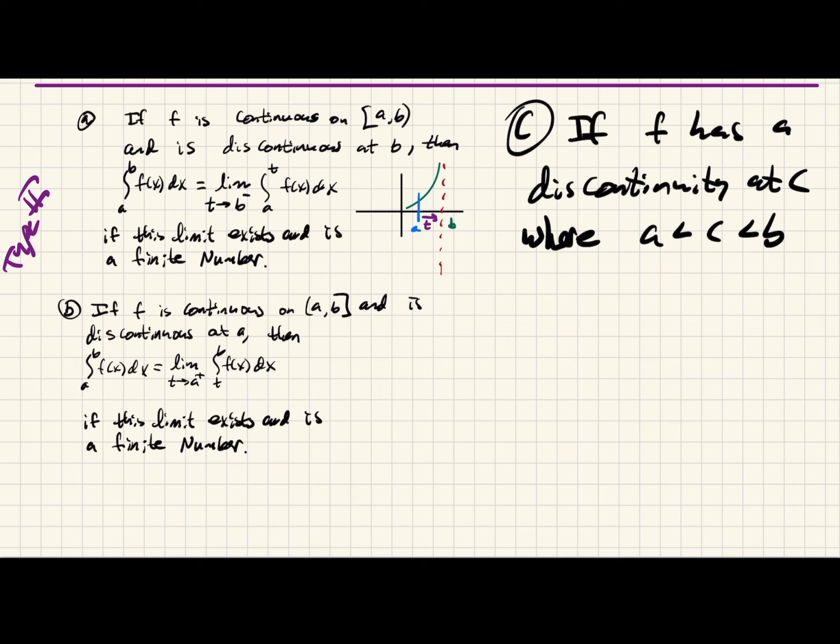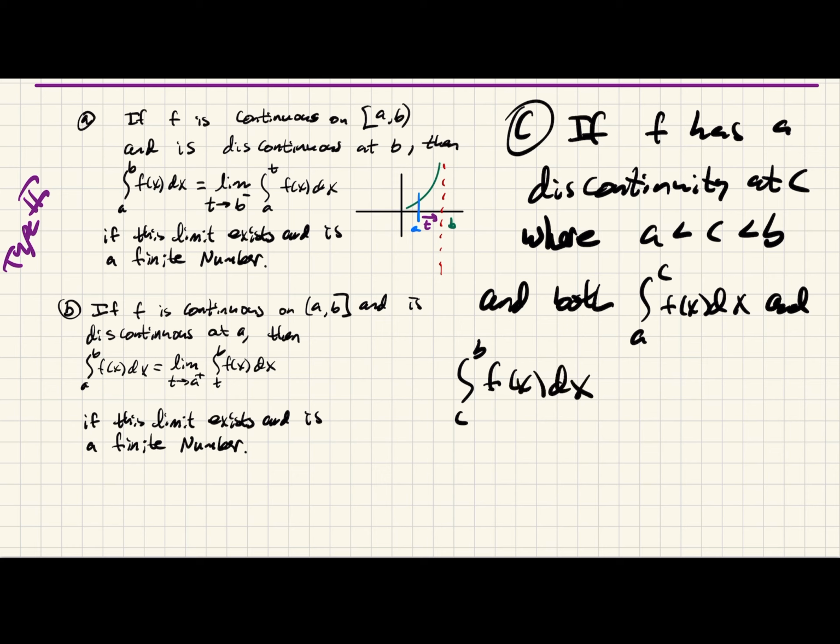And I think, Everett, you asked about that. What if it's in the middle, right? And both the integral A to C of f of x dx and the integral C to B f of x dx are convergent.